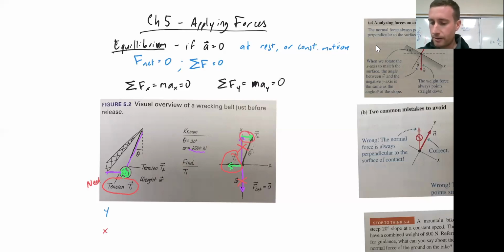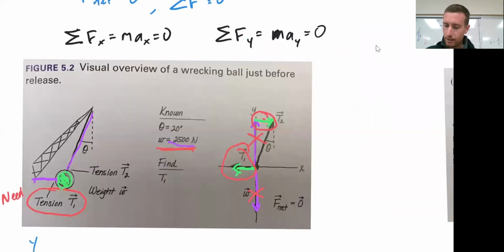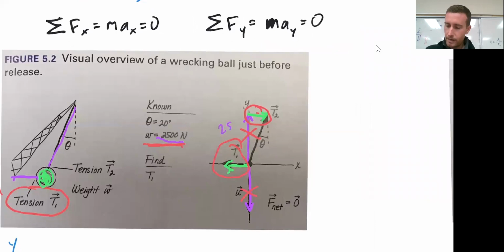So I just need to find this green arrow, which is the same as this green arrow. To figure out the total value, I just need the horizontal component of this wire, and I know that the vertical component is equal to the 2,500 newtons. I know that this angle is 20 degrees, which means that this angle is also 20 degrees. To find that component, I could do some trigonometry.